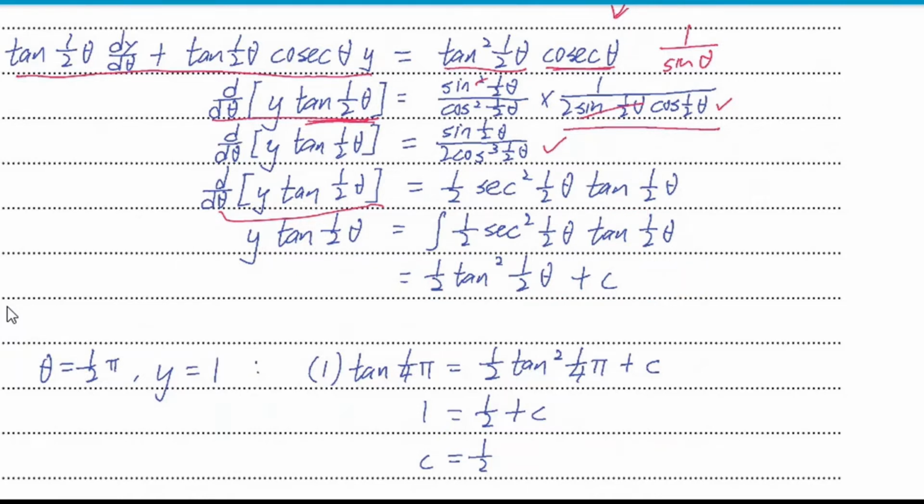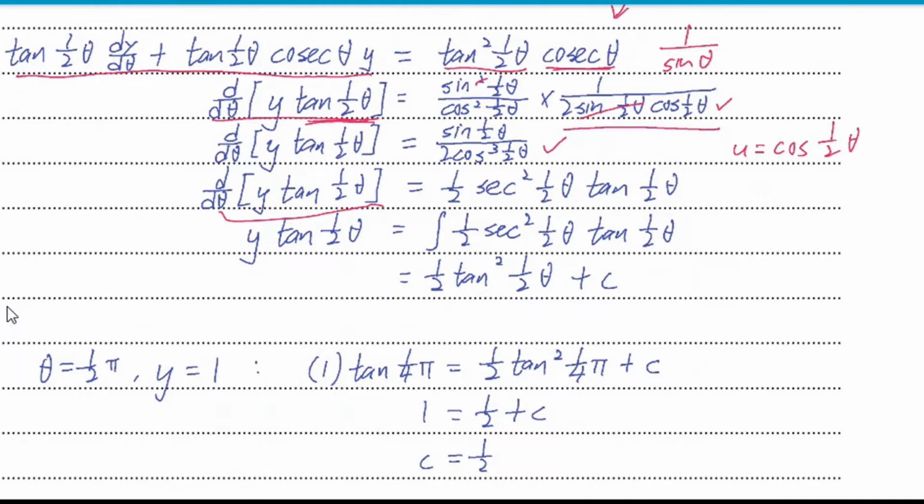Another way would be to let u equal cos half theta. Then you are able to get something which is in terms of the secant square. When you get the secant square, it's not wrong as well, although I have the tangent square half theta there.